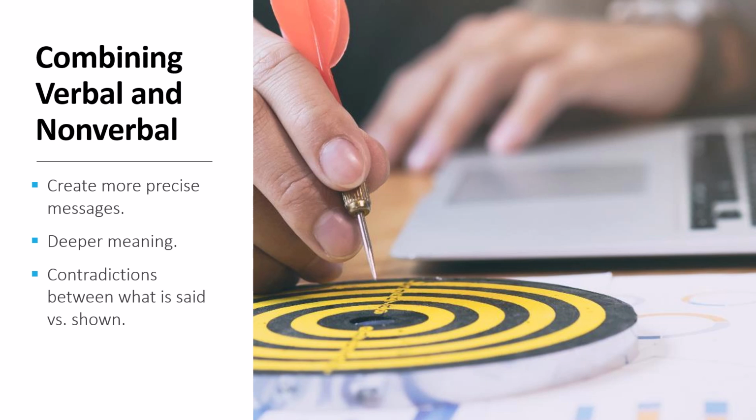But one of the things we'll talk about when it comes to combining verbal and nonverbal communication is that oftentimes, especially when there's deception involved, there is a contradiction between what is said in words and what a person displays in their nonverbal communication. An example of this isn't so much about deception as it is about hesitance.